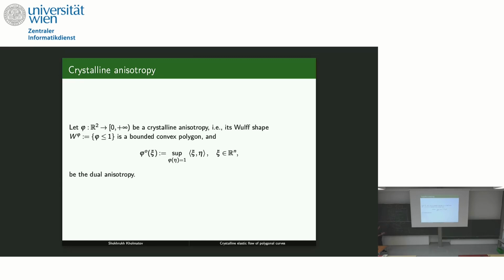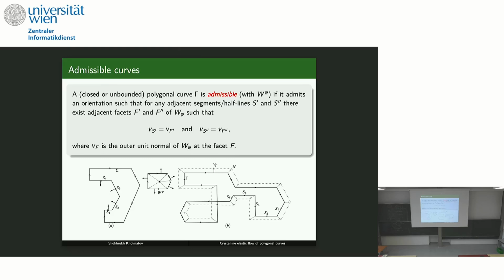So I am considering here bounded curves, but we can consider unbounded curves as well with two half-lines, segments always finite. And I say a polygonal curve is admissible provided that for each pair of adjacent segments, this and this, for example, I can find adjacent segments of the Wulff shape which have the same normals.